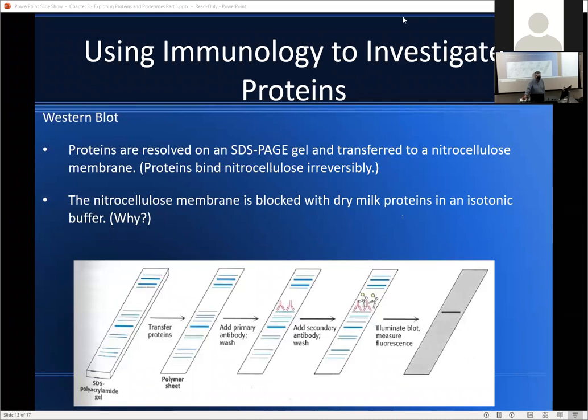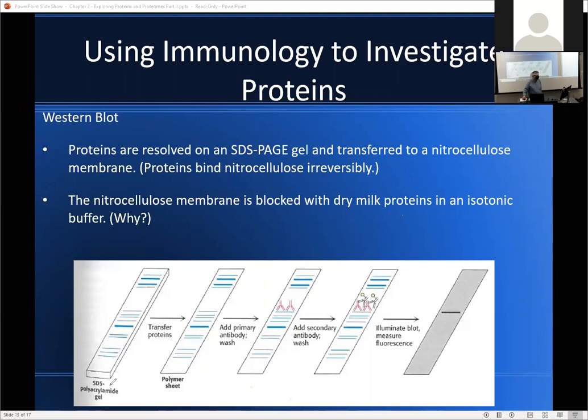We talked a little bit about SDS-PAGE before. In SDS-PAGE gels, we separate out proteins based on size. So here's our polyacrylamide gel. Now, usually we wouldn't stain a polyacrylamide gel that we're going to use for a Western blot, but they're just showing it as stained so that we can see the protein bands.